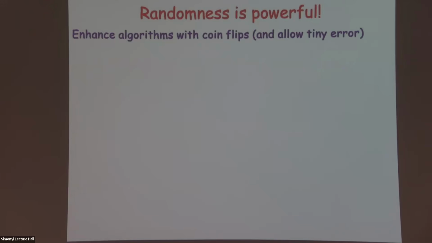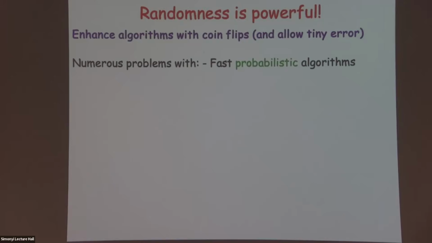From the 60s and 70s, people started developing probabilistic algorithms. What are they? I'm sure everybody knows. You allow algorithms to toss coins, and you allow them to make a tiny error which you can decrease further.